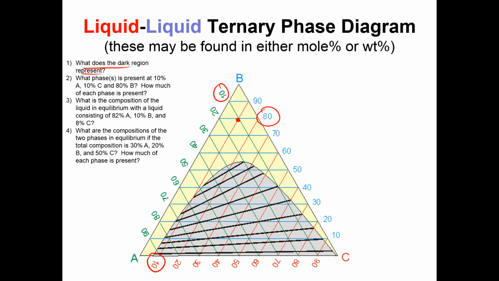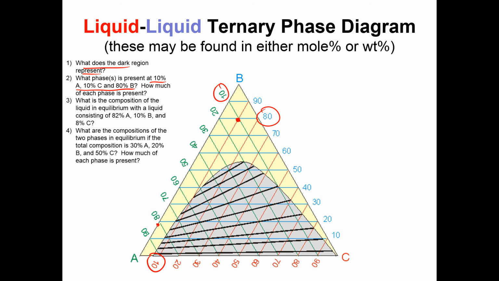What phase, and how much of each phase is present? It's just going to be one phase. It's not going to be two phases, and it's just going to be of that composition that we just mentioned.